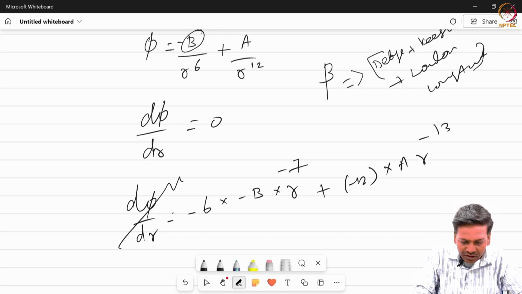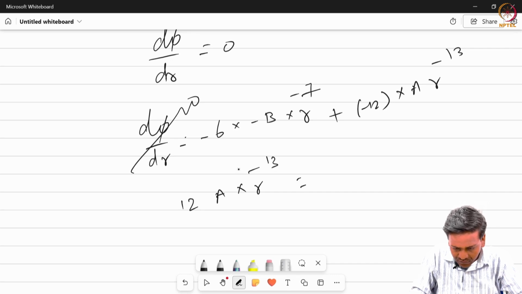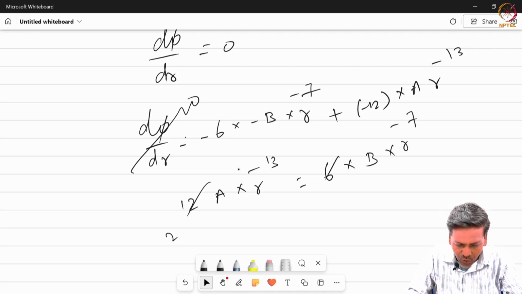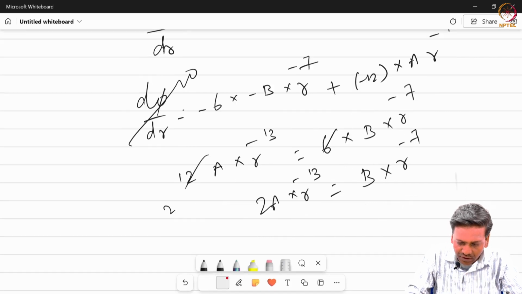Since this is 0, you will have 12a into r power minus 13 equal to 6 into b into r power minus 7. You can cancel 6 times, so you will have 2a into r power minus 13 equal to b into r power minus 7.